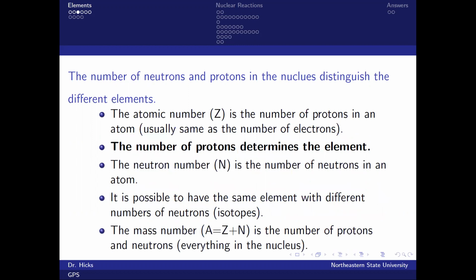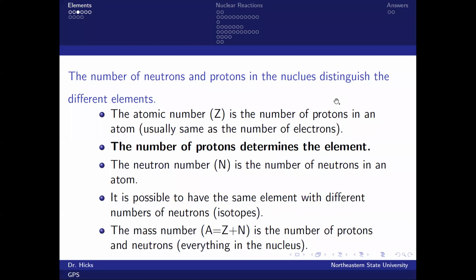Okay, so when we talk about individual atoms, we're going to use the element symbol to name them, and then we're also going to list two numbers with that element symbol.